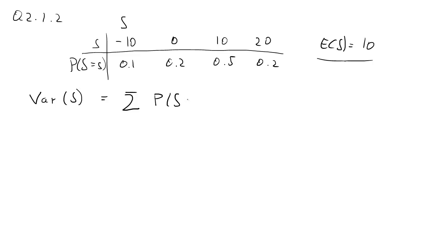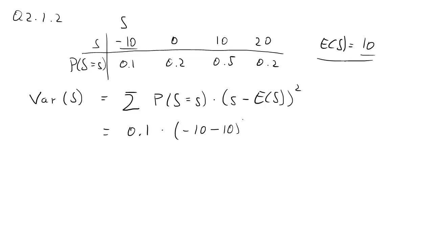I've just replicated the marginal distribution again, so now the variance, that is the sum of the probabilities of outcomes times the outcome minus the expected value squared. So first outcome -10 minus the expected value 10, squared, and that times the probability of 0.1. Then 0.2, that's the probability, times the outcome 0 minus the expected value squared.